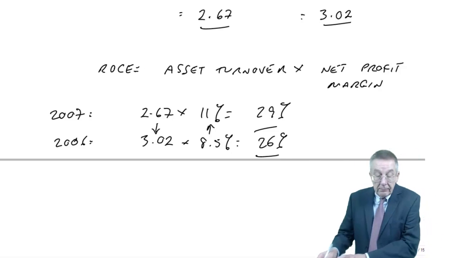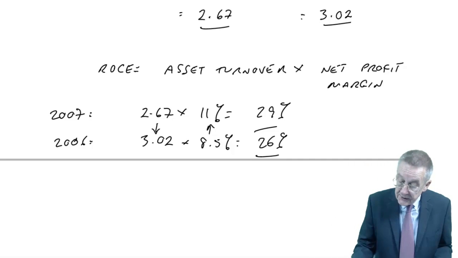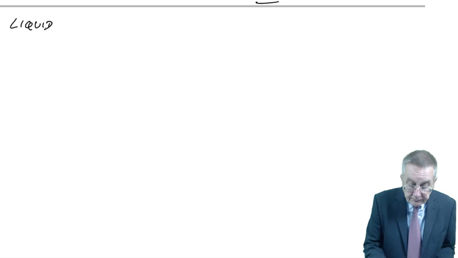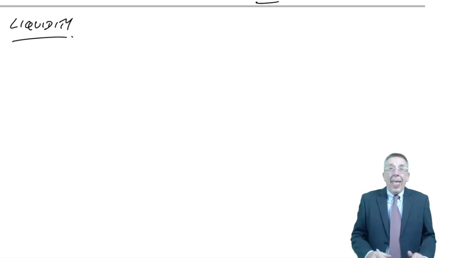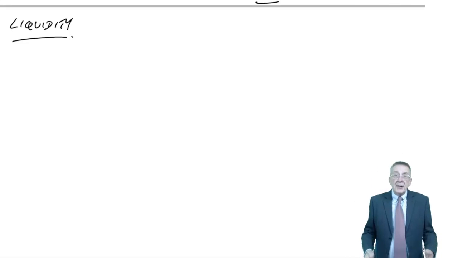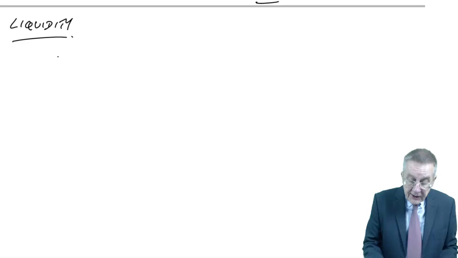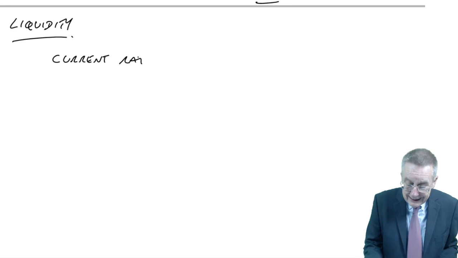All right, so there are the profit measures that you need to be aware of. The next one is liquidity, the next section. How easily can the company pay its bills is the main thing. And the most basic measure of all there is the current ratio.